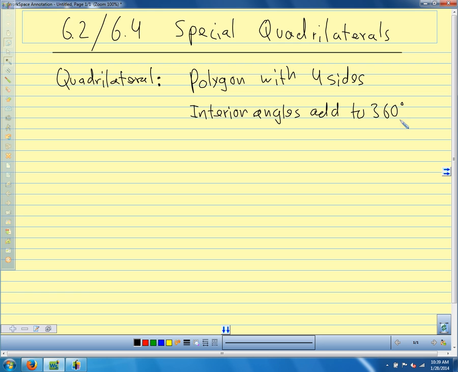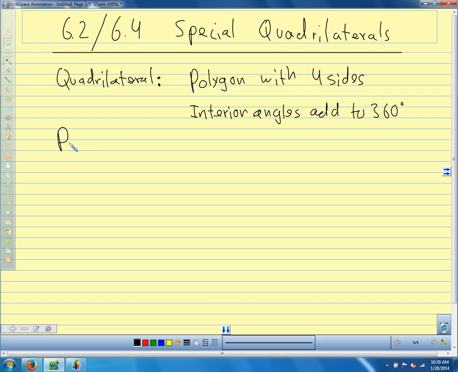So this is going to be true for any quadrilateral. We're going to talk about trapezoids and kites a little later towards the end of the unit, so we'll need this graphic organizer towards the end of the unit. For today, we're just going to go down the middle of the graphic organizer.